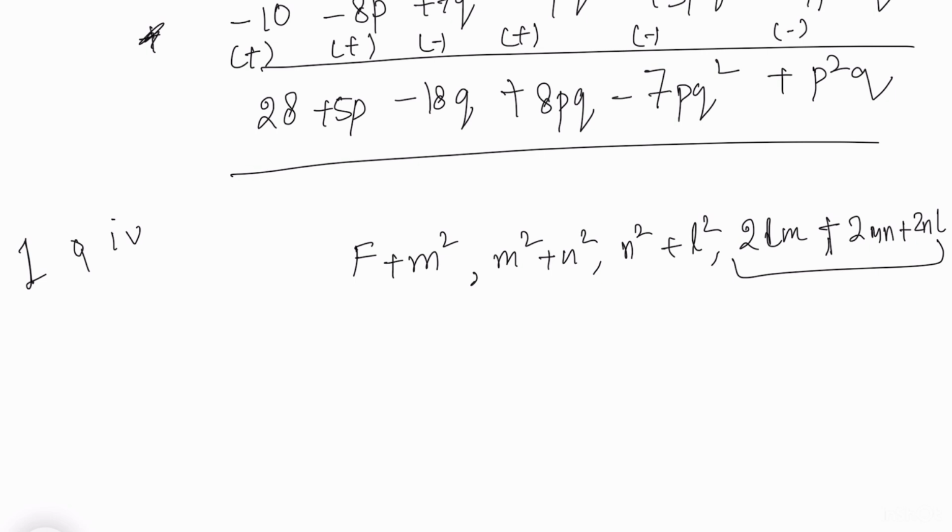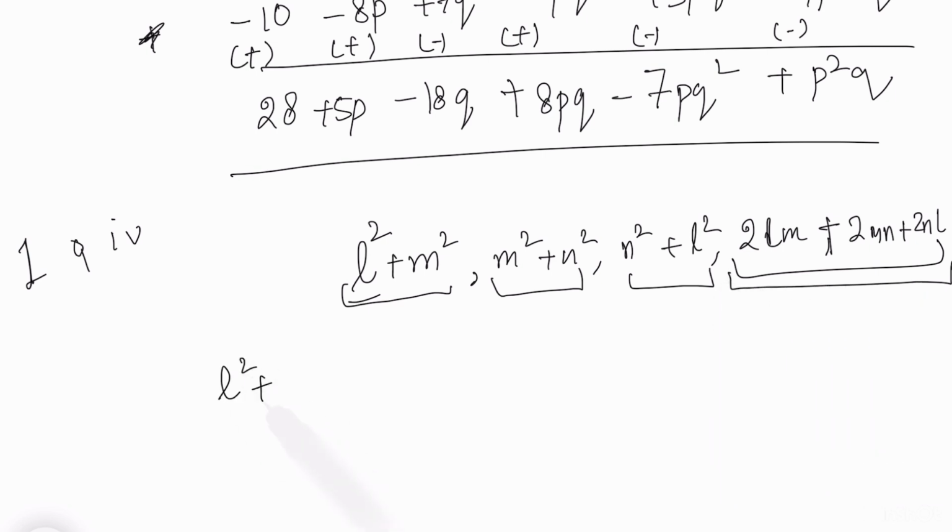It's not f, it is l square. It was looking like f, so f is not there. l square plus m square plus n square, plus l square plus 2lm, 2mn and 2nl.